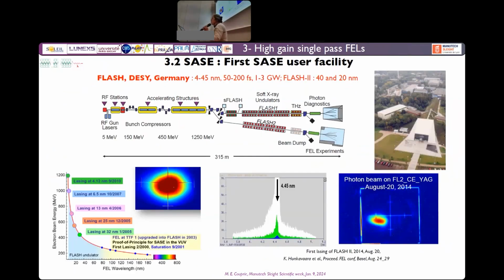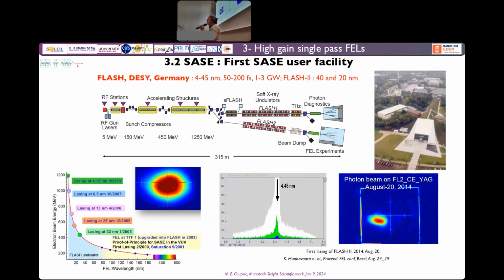Then at the turn of the century at DESY in Hamburg, Germany, they started with the FLASH free electron laser. The linear accelerator was initially developed for linear colliders, and it appears that the extremely high beam quality needed for colliders was also beneficial for free electron lasers.